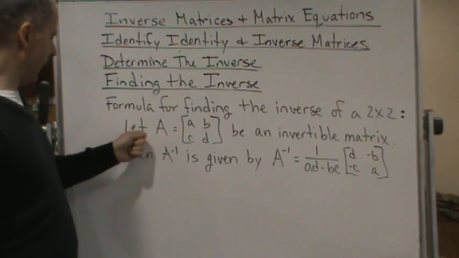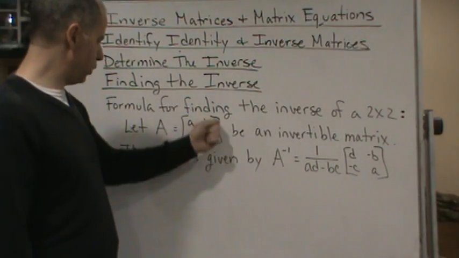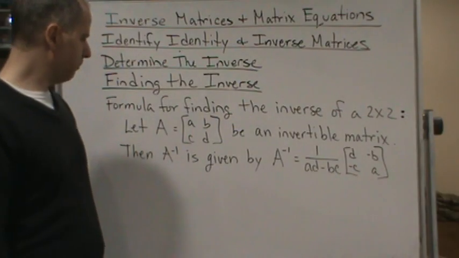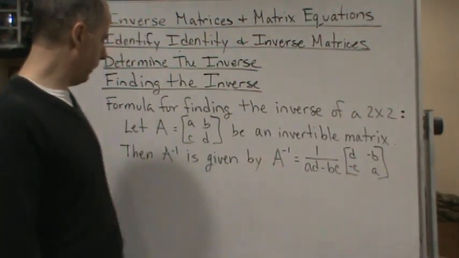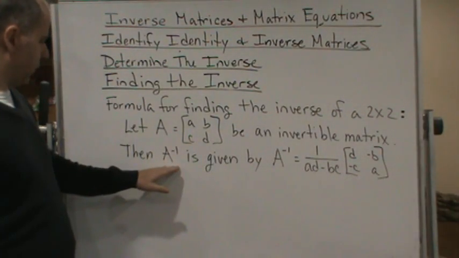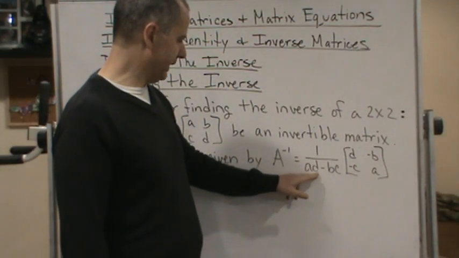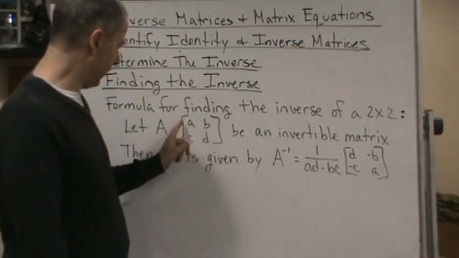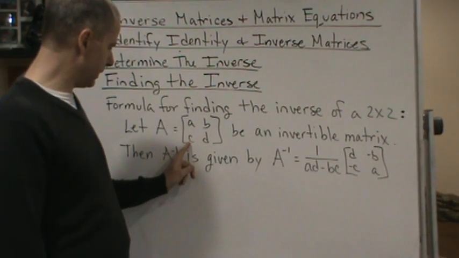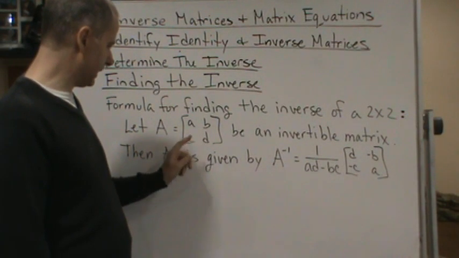So let A equal this 2x2 matrix, A, B, C, D, and let this be an invertible matrix. Then the inverse is given by this formula, 1 over AD, so we cross multiply, so A times D minus C times B, or BC.